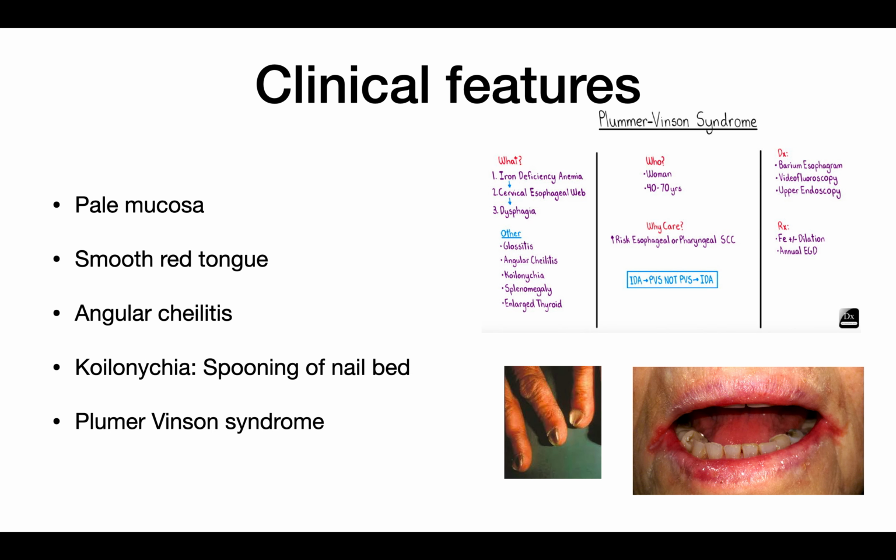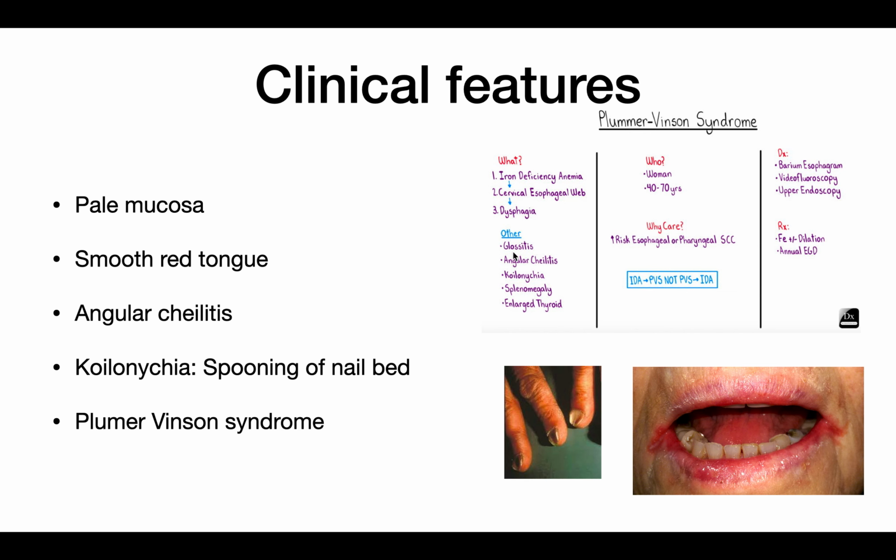Plummer-Vinson syndrome is an important syndrome that you have to pay attention to, because it can present with a lot of eating disorders too. One, it is an iron deficiency anemia. Two, there are going to be esophageal webs, and that's going to cause the dysphagia.